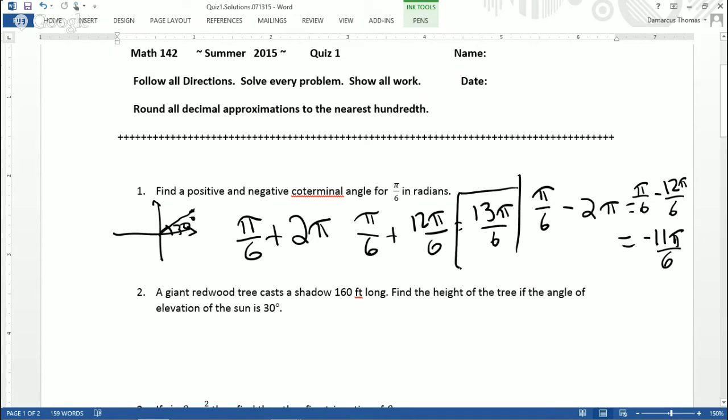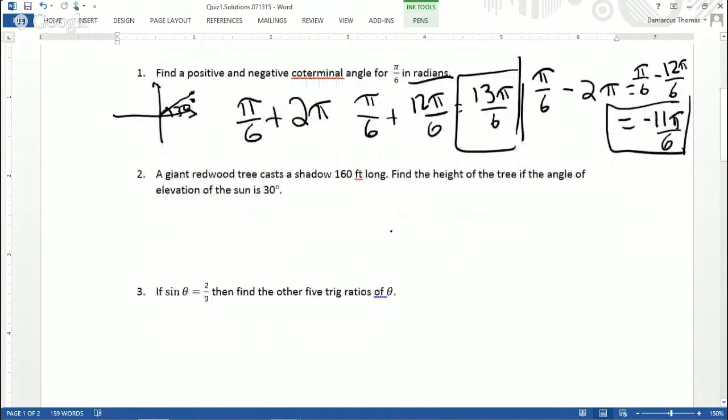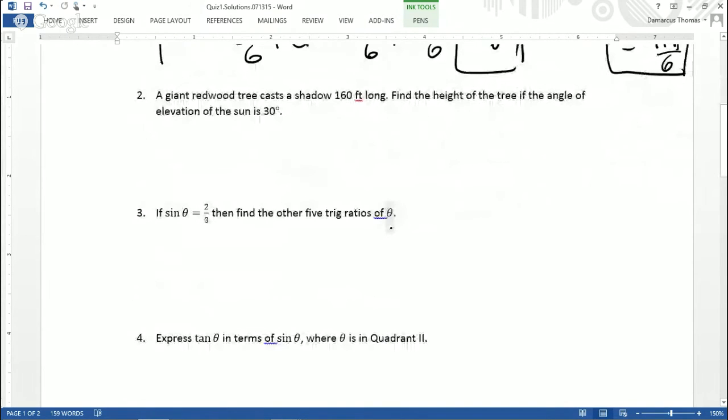So now the answers are in radians, and that's what you needed to have. The problem said find positive and negative coterminal angles for pi over 6 in radians, and so there you have it.